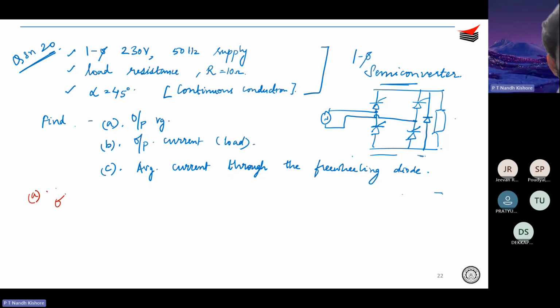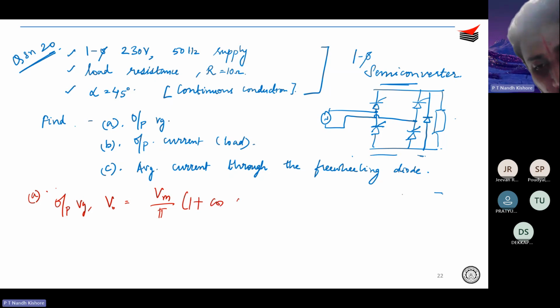So what is the output voltage V naught? In a single phase semi converter, V naught is Vm by pi into 1 plus cos alpha, which gives 230 root 2 over pi into 1 plus cos 45.